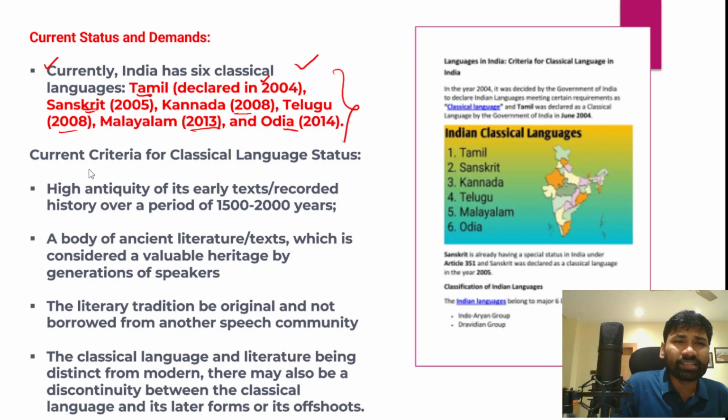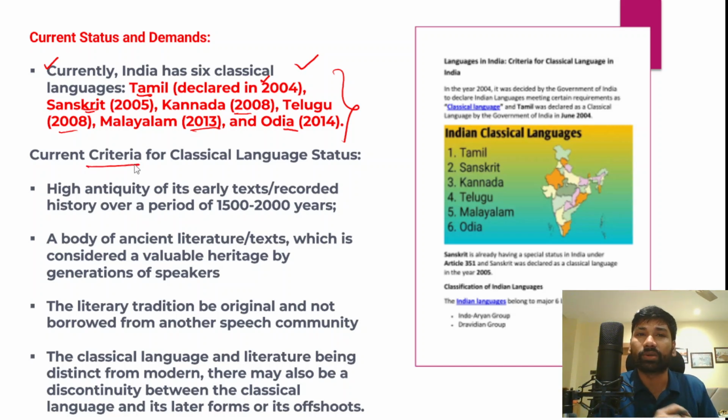Now, what is the current criteria for recognizing any language as a classical language, or according the status of classical language to any language? The criteria is that any language should have high antiquity of its early texts and a recorded history of over 1500 to 2000 years.